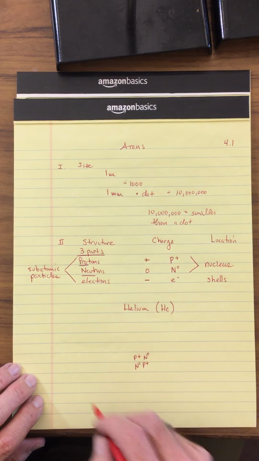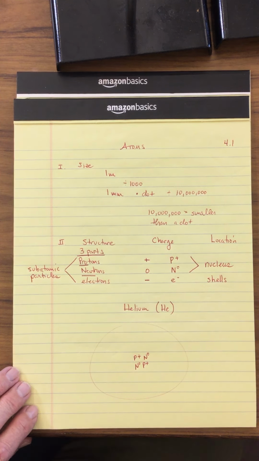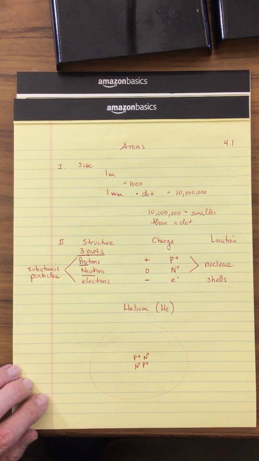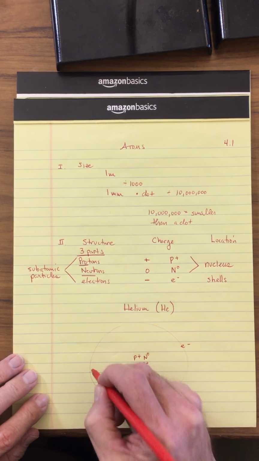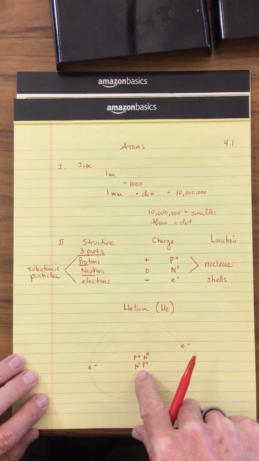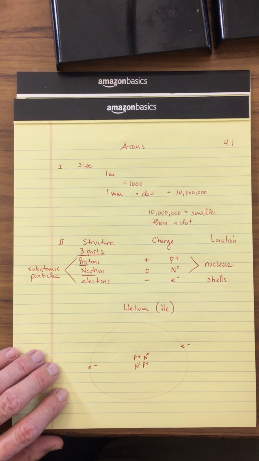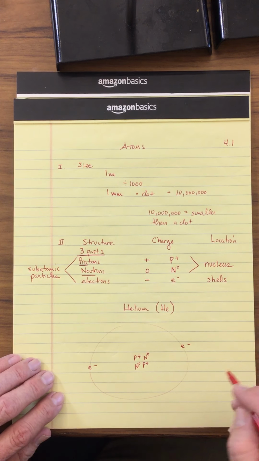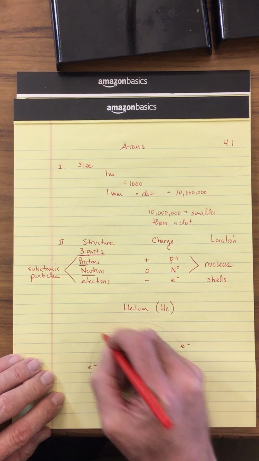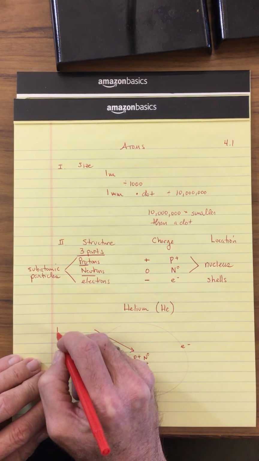Then surrounding that are going to be the electrons. The electrons will be circling about the nucleus, which is the center, in what are called the shells. So again, the protons and the neutrons are inside the nucleus.